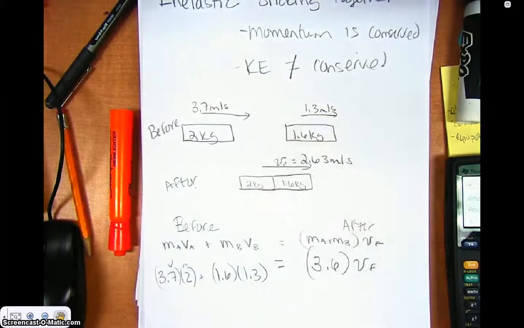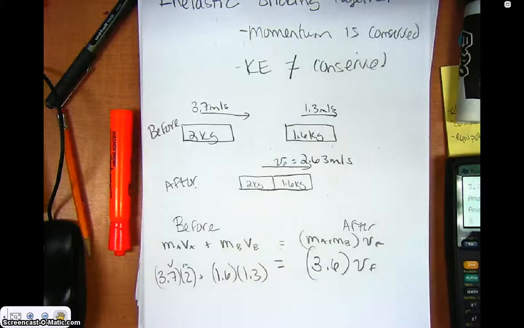Now, we said in an inelastic collision that kinetic energy is not conserved. So some of the kinetic energy is lost, and typically this happens because when two things collide and stick together, there's some sort of heat given off, there is friction, there is a loud noise, so there's all this energy leaving the system.